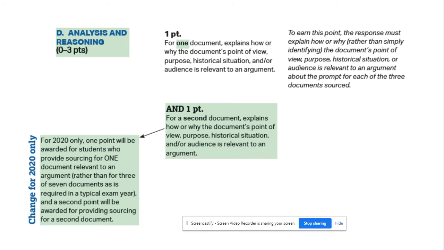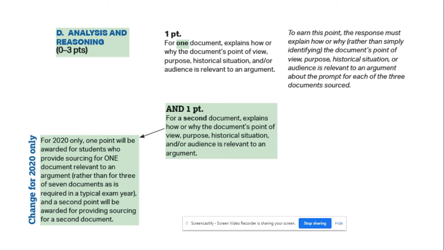Now, there's a second point for doing it again for another document. Just like with a regular DBQ, I would suggest doing this more than twice just to give yourself the best chance of getting these points. But if you successfully hit a document once, you get a point. If you successfully hit a second document, you get an additional point.